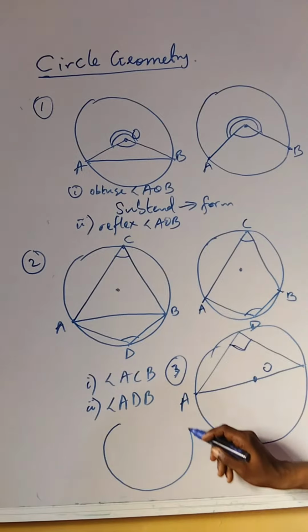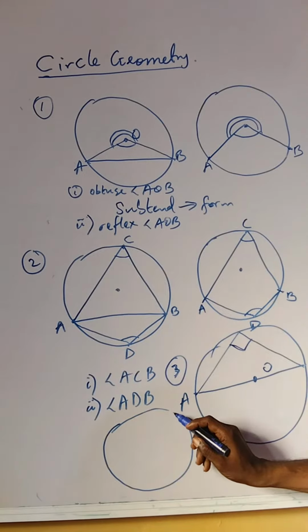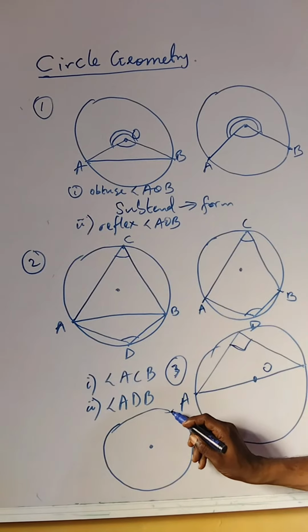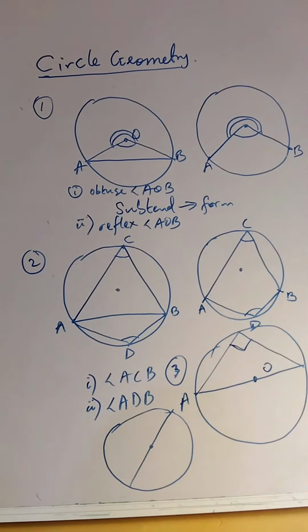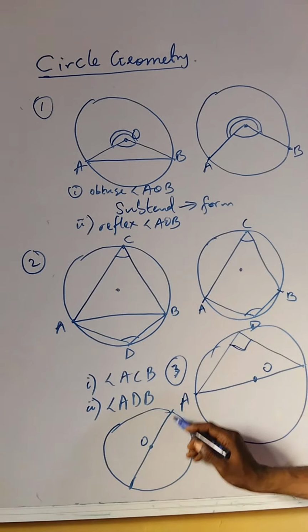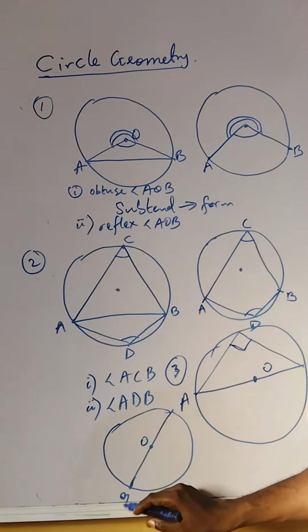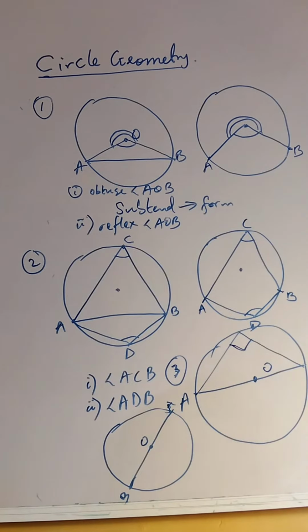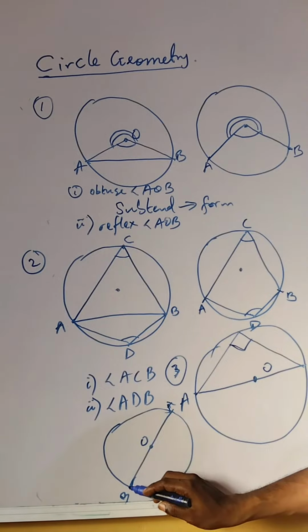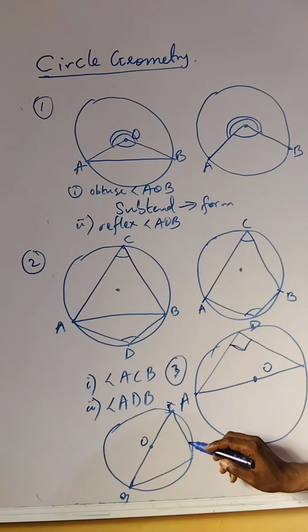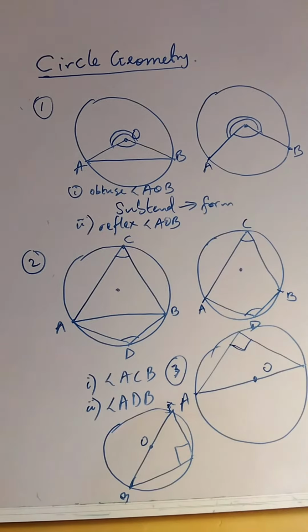So when we have this as a circle, then we have center O. So far this is center O, and this line crosses it and touches the circumference. We have this line to be a diameter, and an angle is formed by the diameter, no matter the side. This angle is also said to be 90 degrees. That's what we are talking about here.